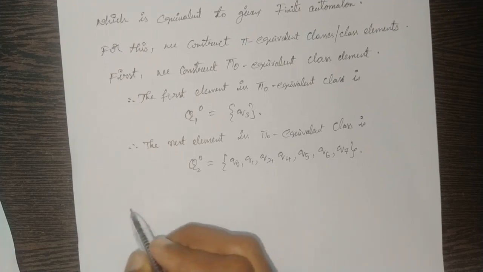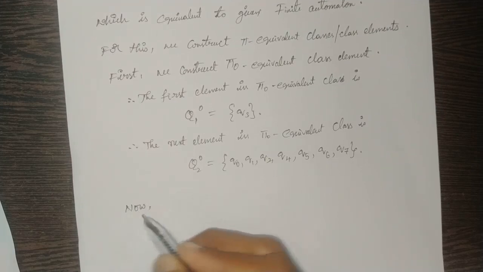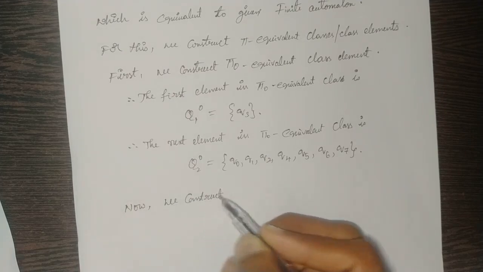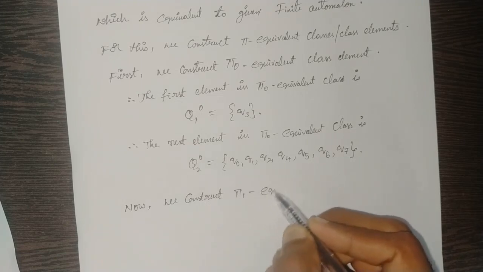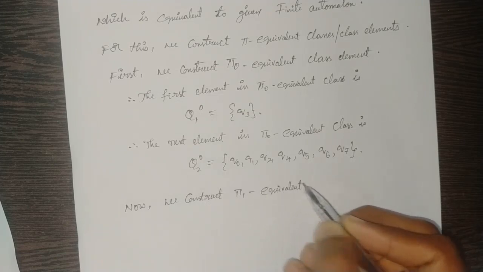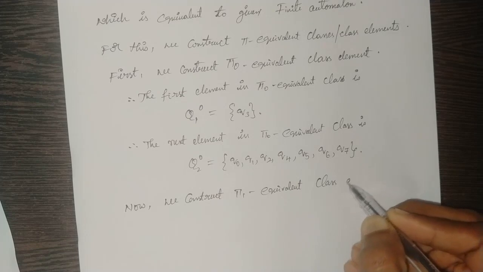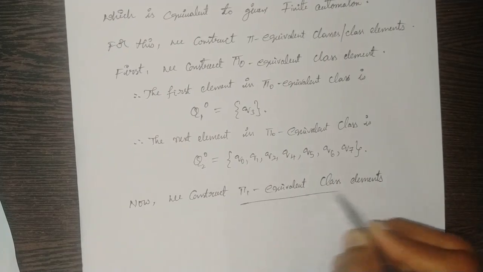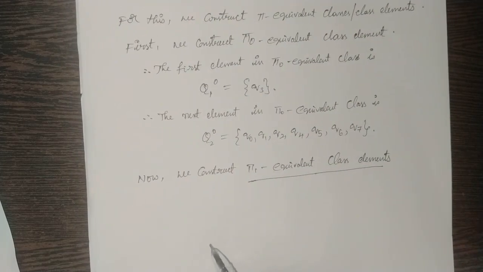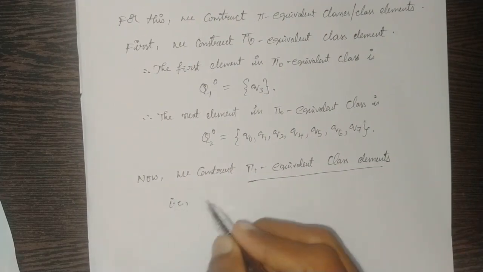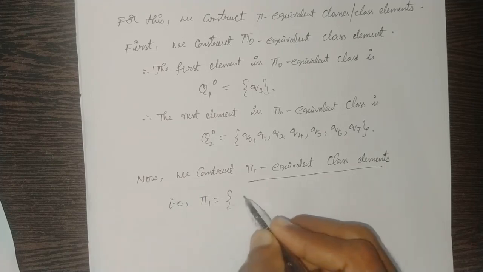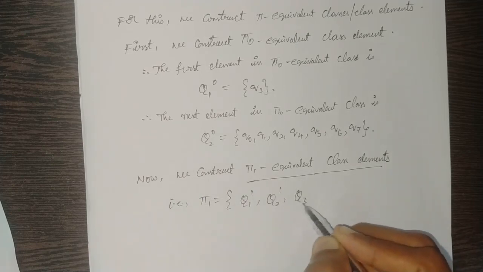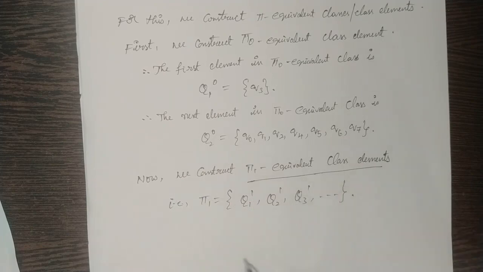Now we have to construct the one equivalence class elements, denoted by pi 1, with classes Q11, Q21, Q31, and so on.